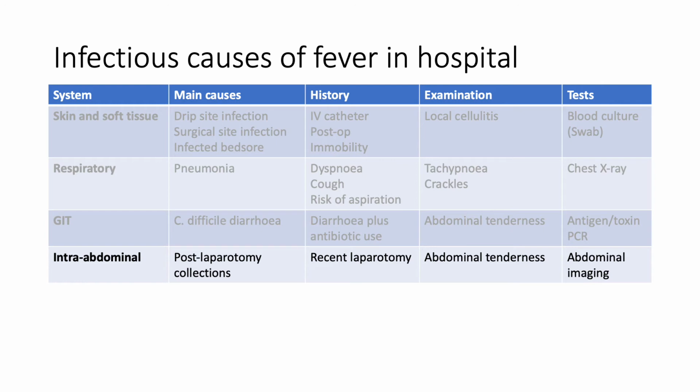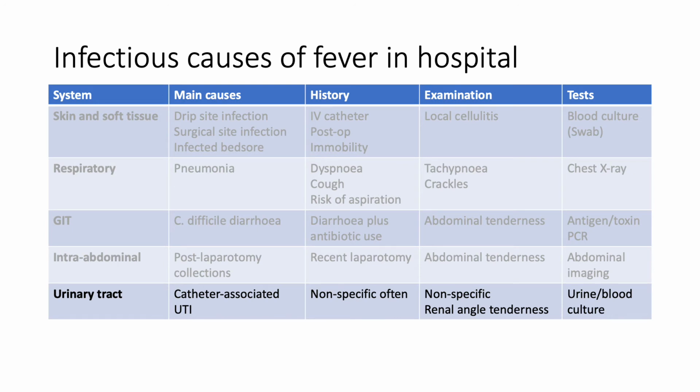And on examination, do they have abdominal tenderness? Those two things together should really cause you to consider that there's an intra-abdominal collection or some other post-surgical complication that's causing intra-abdominal inflammation. That is the explanation for the patient's fever. And that usually requires quite urgent abdominal imaging with either ultrasound or CT scan.